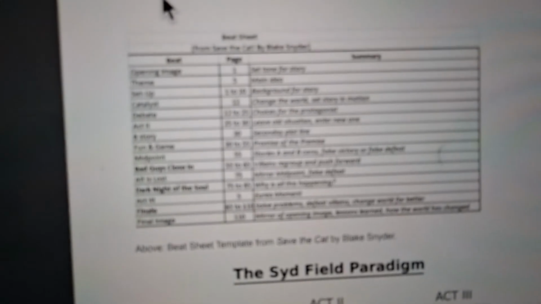Like, this is a Save the Cat screenplay, so you don't want to get too involved with this. But I'm going to show you what it is anyway, because it's a different way of teaching. So basically, I did kind of steal a little bit of this.